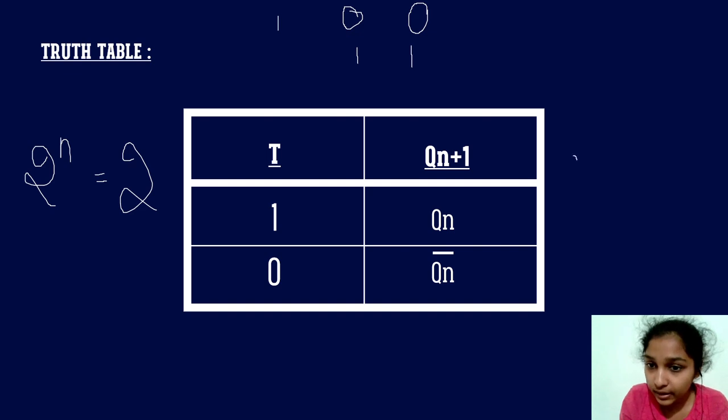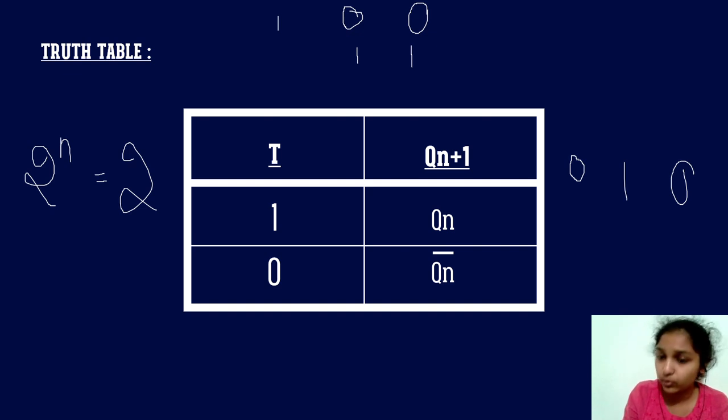Moving on to the next case, assume you have 0 as the input. What will be the output? Assume you are getting the output in current state as 1, then next state output will be the complement of the current state, nothing but 0. 0 is the complement of the current state output.